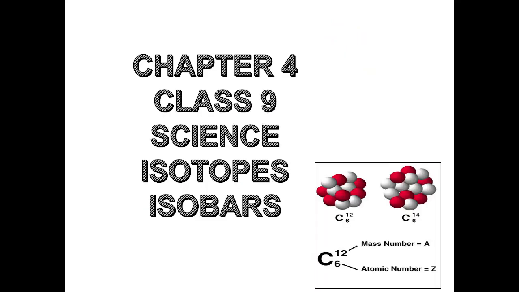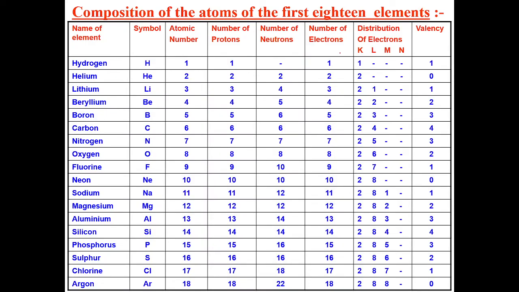This is shown in the table here, the valency of elements. You can see hydrogen is 1, helium will be 0, lithium will be 1. Look at the last electron count and write it, 7. For noble gases like helium, neon and argon, you can see it will be 0.